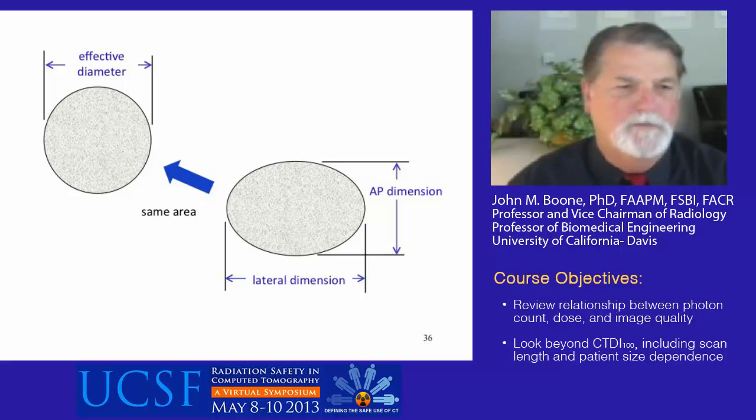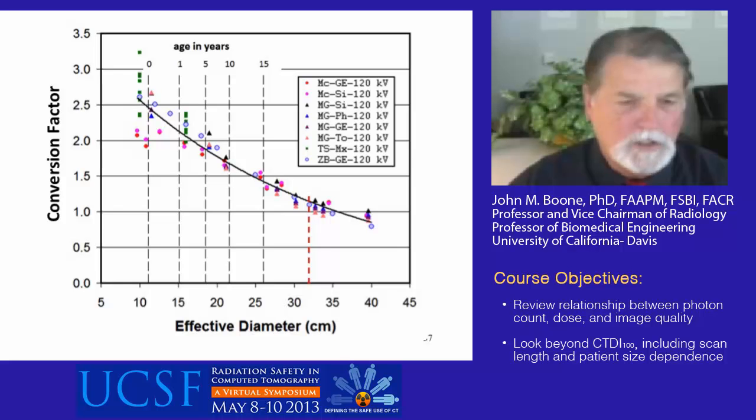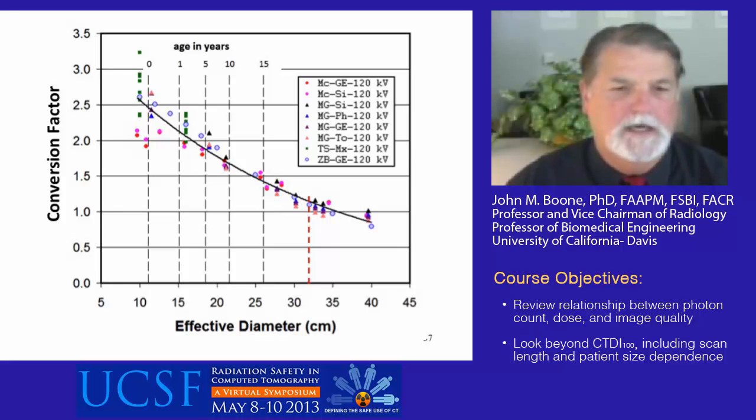It's not a perfect fit, but a reasonable fit. And so this best fit line, the black line shown here, is essentially the conversion factors when the 32 centimeter diameter phantom is used to compute CTDI vol. So the idea is that you assess and find what the effective diameter of the patient is.